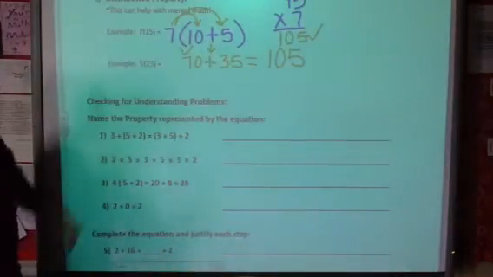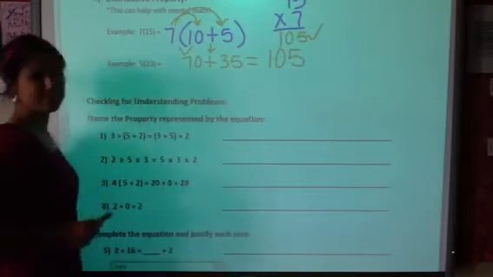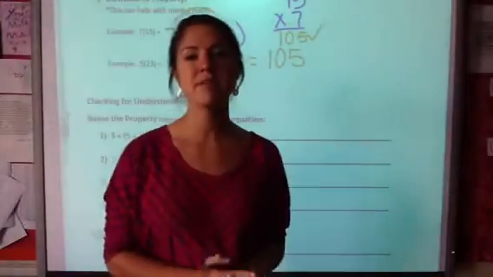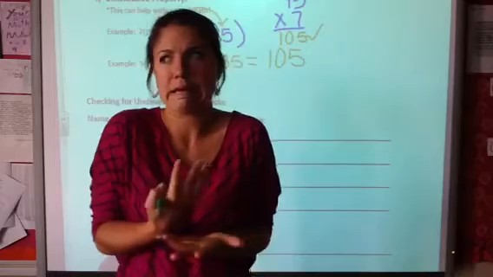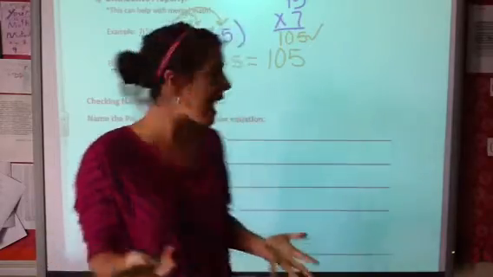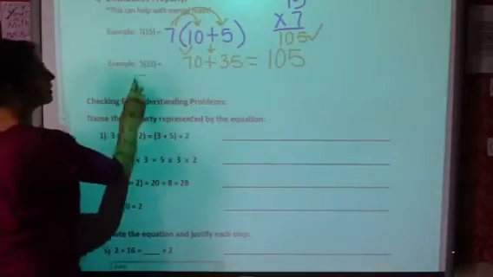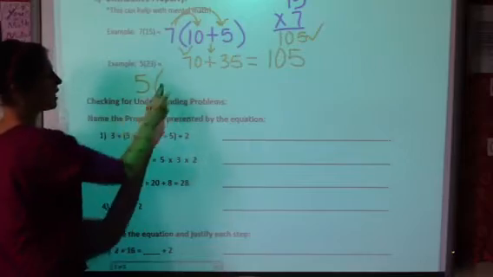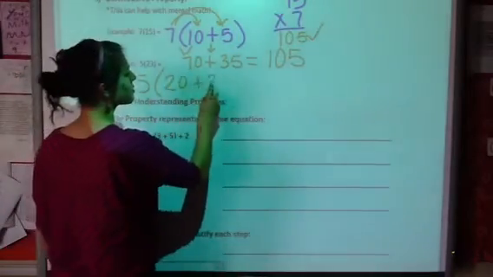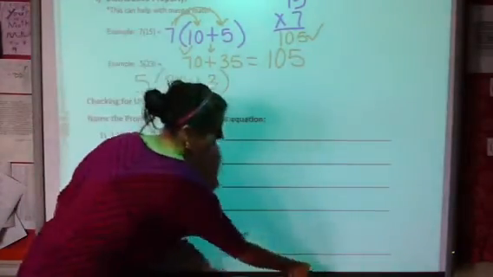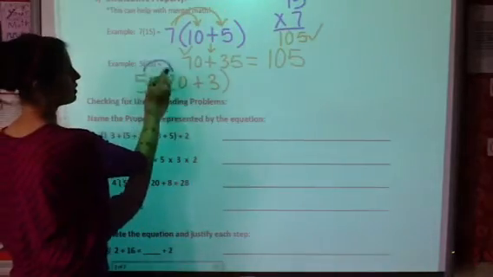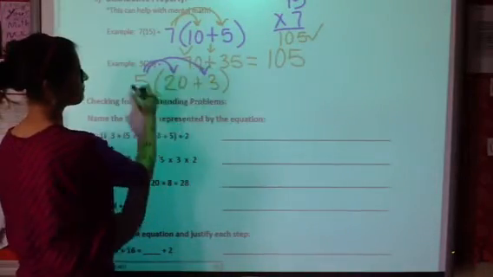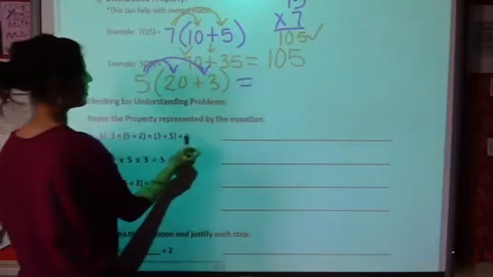Here's another example. If I said mental math number 2, 5 times 23, you'd probably sit there and think, oh, I don't know, I can't do 5 times 23 in my head. But if I break this apart into 5 times 20 plus 3, then I can use the distributive property to get an answer. I'm going to distribute 5 to each of these numbers.